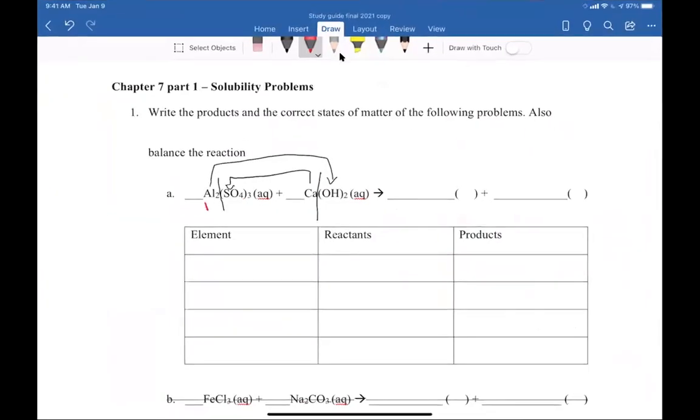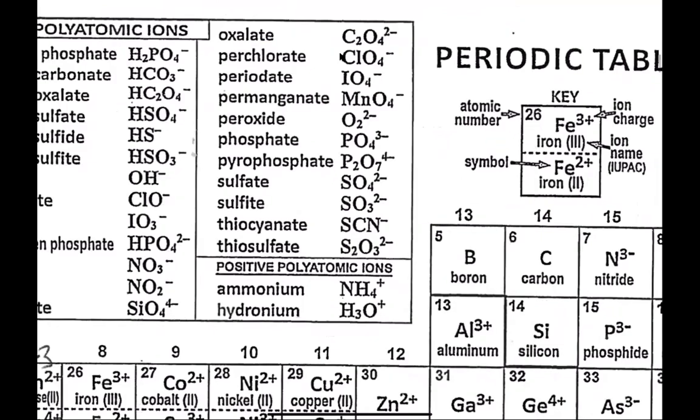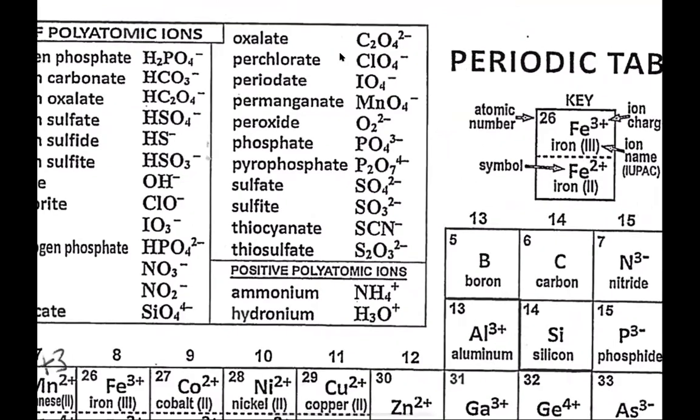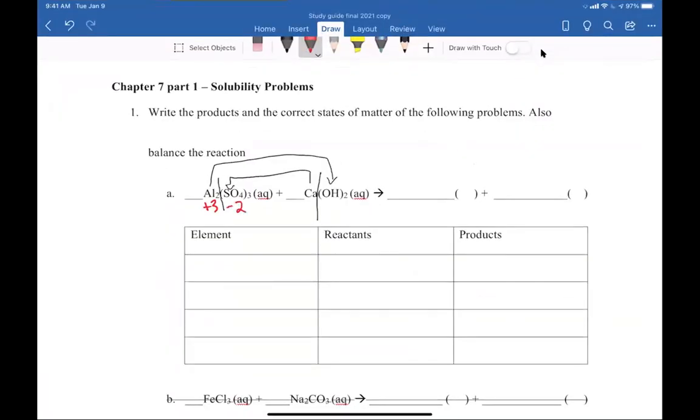So we write the charges, because before we put them together, we need to know the charges of each. SO4 is a polyatomic. What is the charge of SO4? Yep, the charge of SO4 is -2.